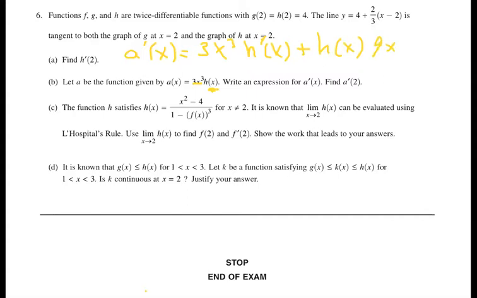And by the way, you get 1 point for doing that. And then you're going to plug in 2's for all the x's.